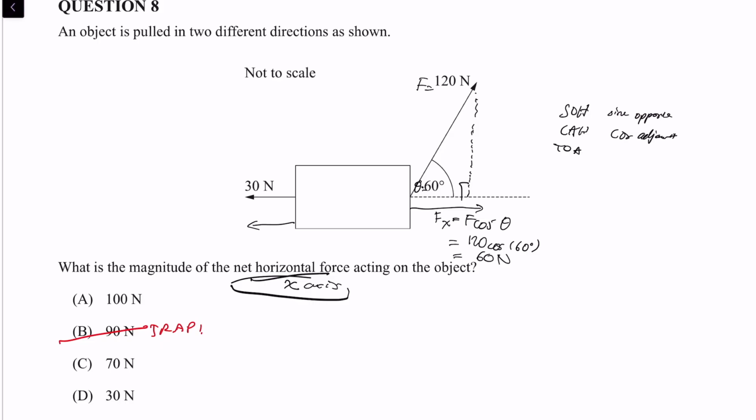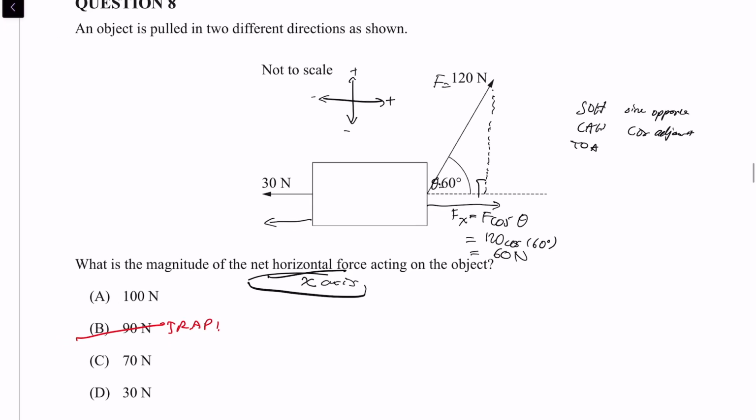So I usually assign my positives for up and right and my negatives for left and down, because it's like a 4-quadrant plane, the Cartesian plane sort of thing.